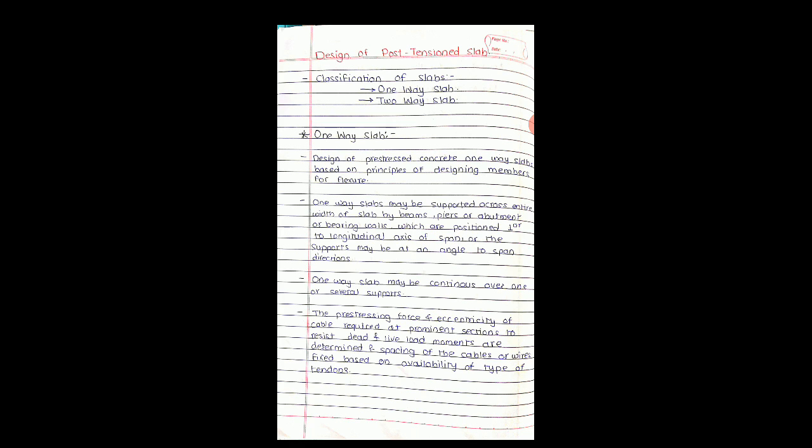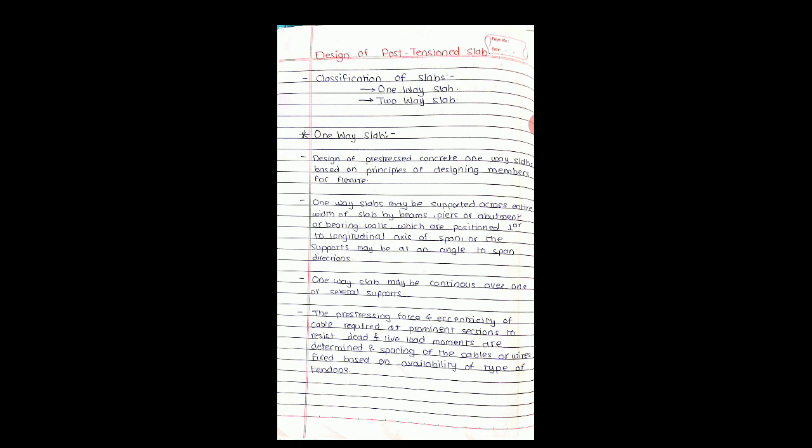So one way slabs are supported on beams, piers, abutments or bearing walls positioned perpendicular to the longitudinal axis of span. This is very important. Just remember, the spans and supports are perpendicular to each other.